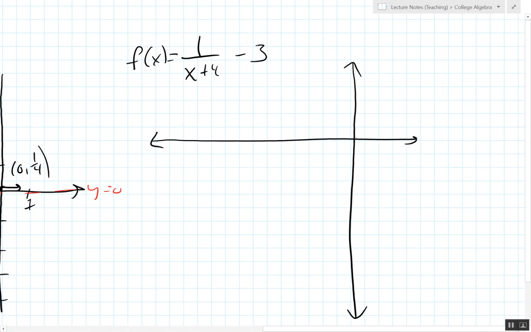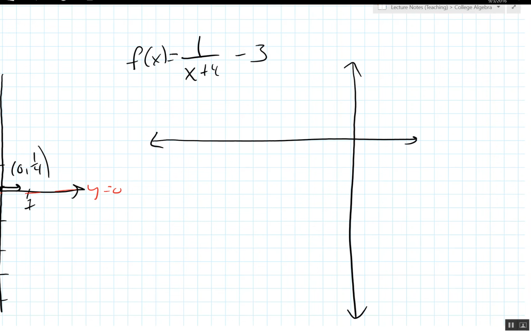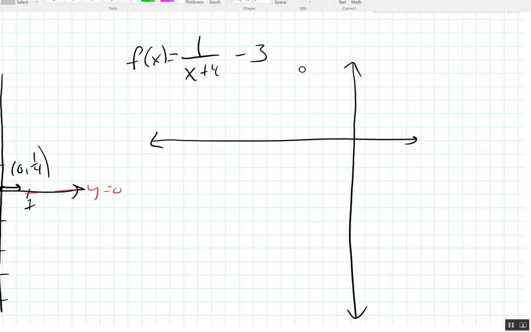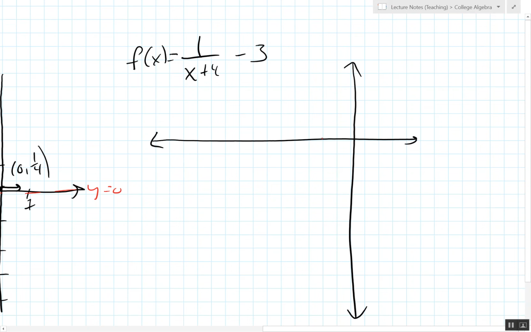And then over here, notice that our horizontal doesn't change, or our vertical doesn't change, so let's see, 1, 2, 3, 4, so we'll have our vertical here at x equals -4 as before, but now we're going to shift our horizontal down 3, so 1, 2, 3, and we'll be right here.